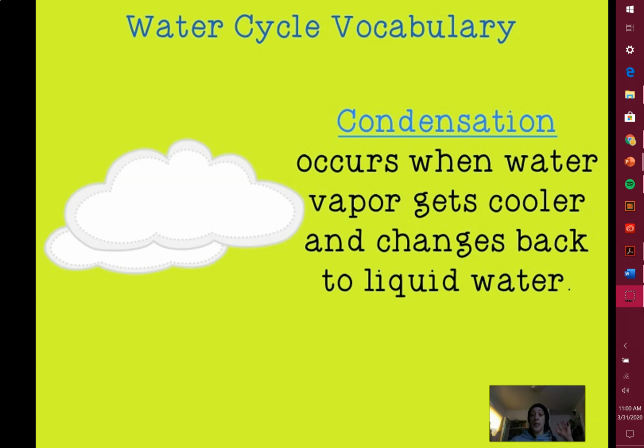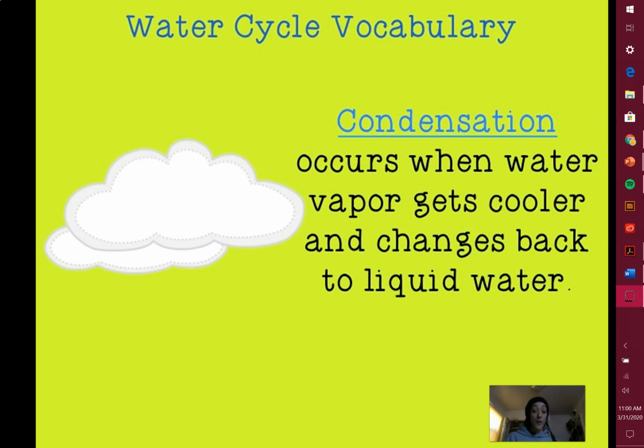So condensation is when all that water vapor that just got evaporated by the sun is now rising in the atmosphere and starting to cool off. The higher that you get in the atmosphere, the colder that it gets. Right? If you're way up on the top of a mountain, higher up in elevation, it's usually a lot colder up there than down below because the atmosphere is getting thinner, and so it's getting colder.